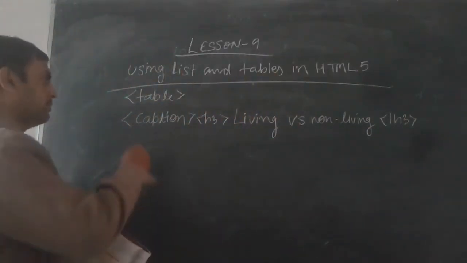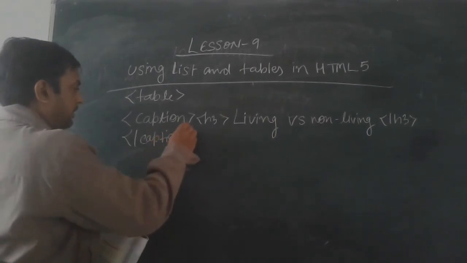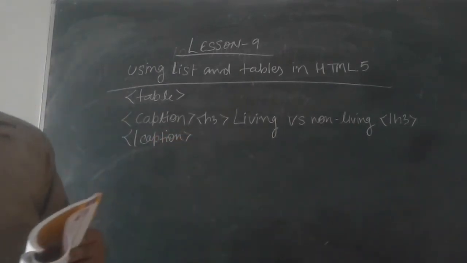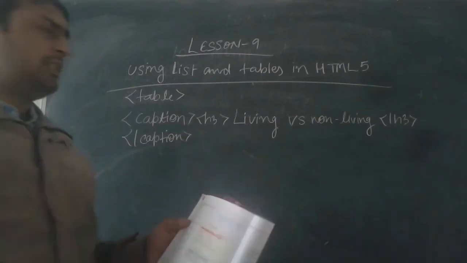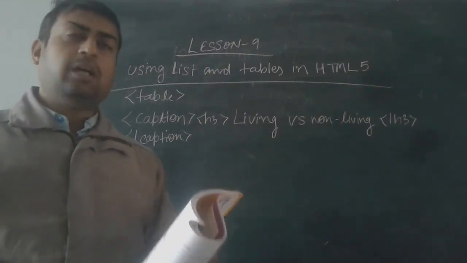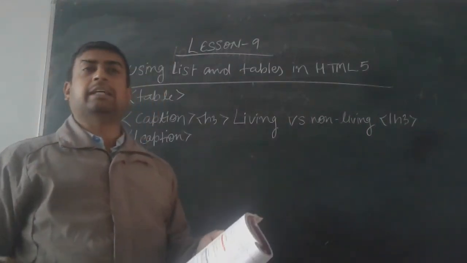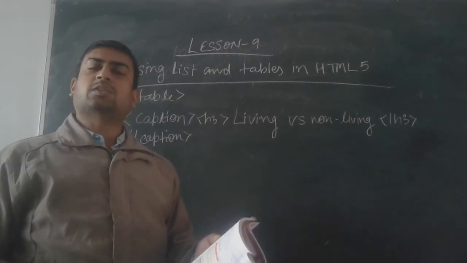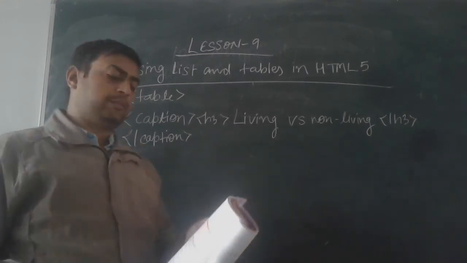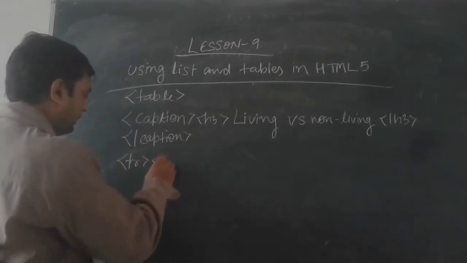Then caption closed. So this is the attribute which you can use with the table. Now if you want to use some tags inside the TD and TR, then you can also write the CSS directly here. Now TR, then TH.